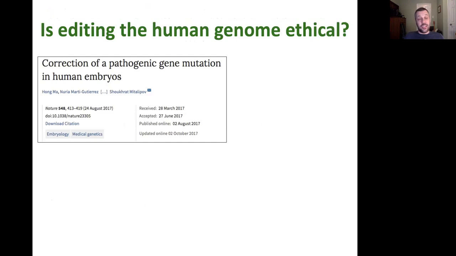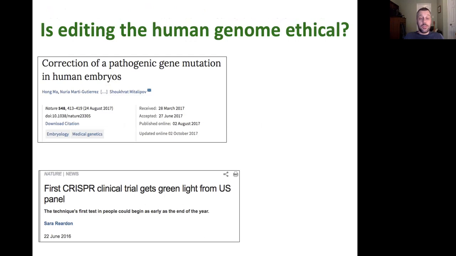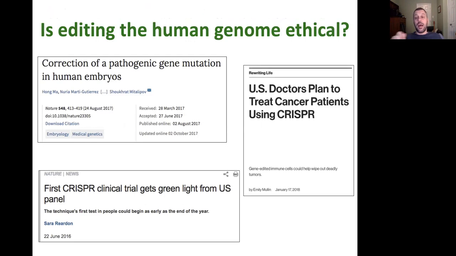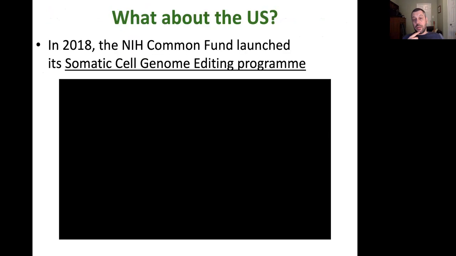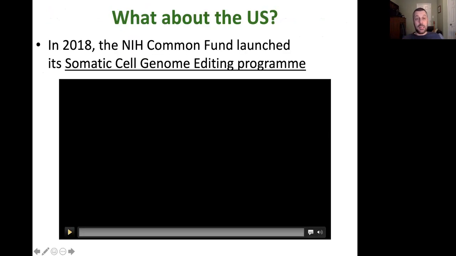But is this ethical? Is it something that we actually want to do? We know that we can edit the human genome because it's been done multiple times. And at the moment, they are allowing it in limited form for treatment of human diseases in the US. Watch this short video and it will explain what I mean by limited.